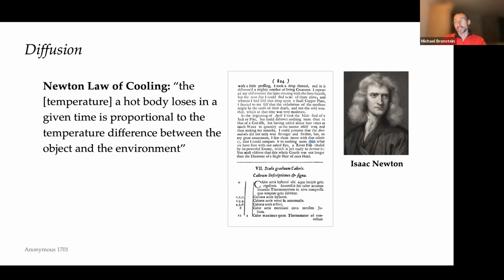He would become Sir Isaac 4 years after. And there he formulated what is nowadays known as Newton's law of cooling, saying that the temperature that a hot body loses in a given time is proportional to the temperature difference between the object and the environment. So it's a kind of global rule that tells you how objects cool down.